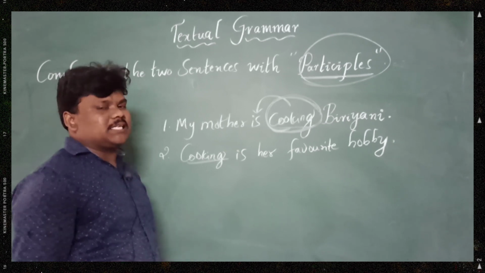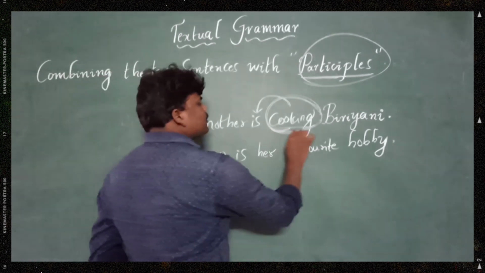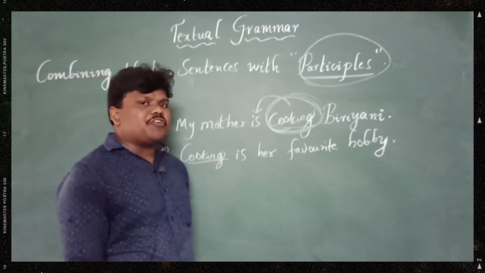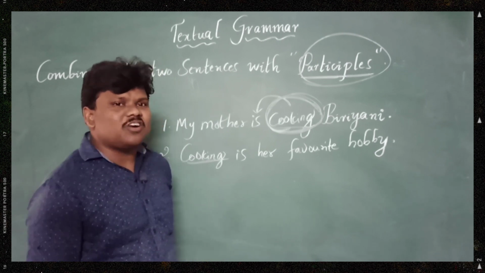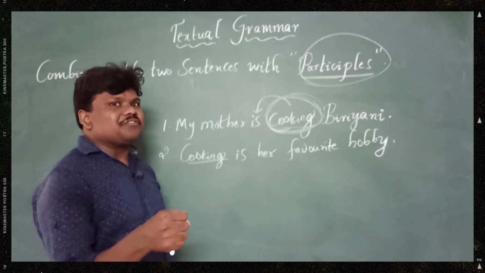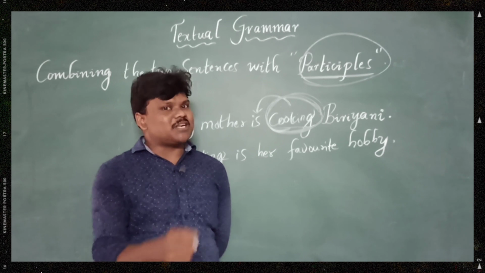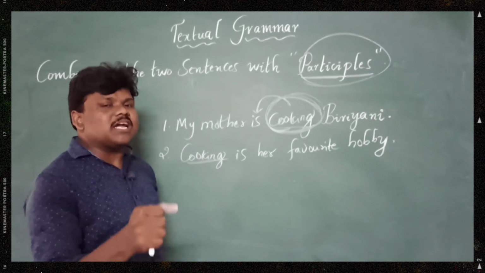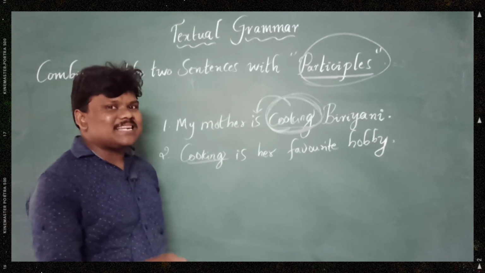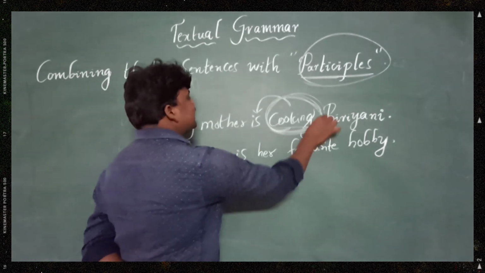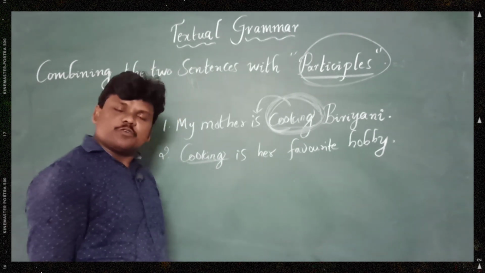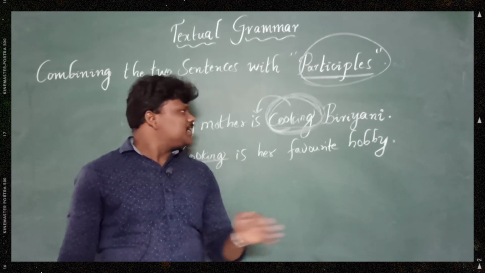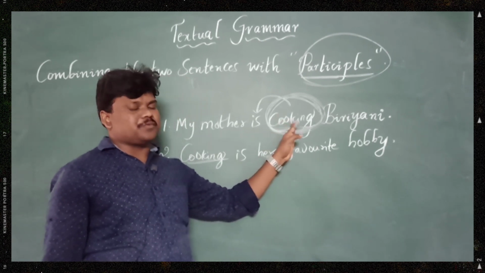And one more important thing, a present participle has an action, a physical action. If a verb has an action, it is called a dynamic verb. Here, in my mother is cooking, cooking has an action, so we can identify it like that also. If it has an action, it is a participle, present participle, right?